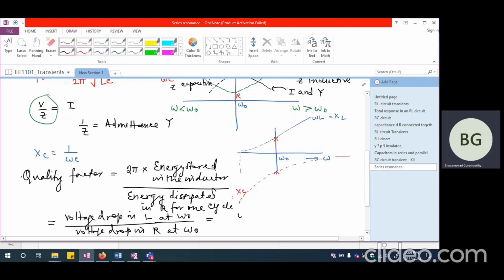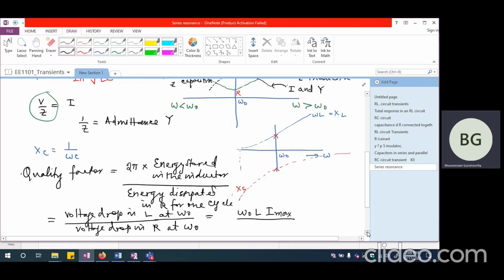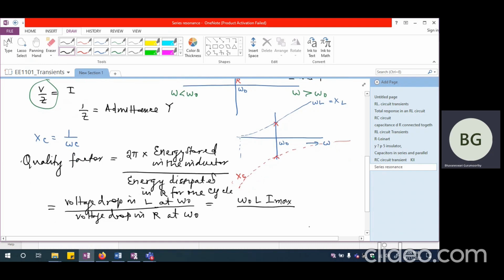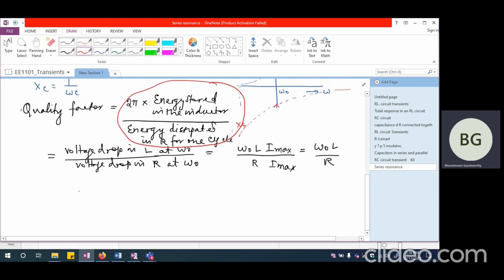So this is going to be omega naught multiplied by L multiplied by I max, if I may call this the maximum current that passes through the RLC circuit, and this can be written as R multiplied by I max. So we are going to have this as omega naught L divided by R. So this is going to be the quality factor. Now, we derived this expression in the last class using this particular definition of quality factor. I will just reiterate that.